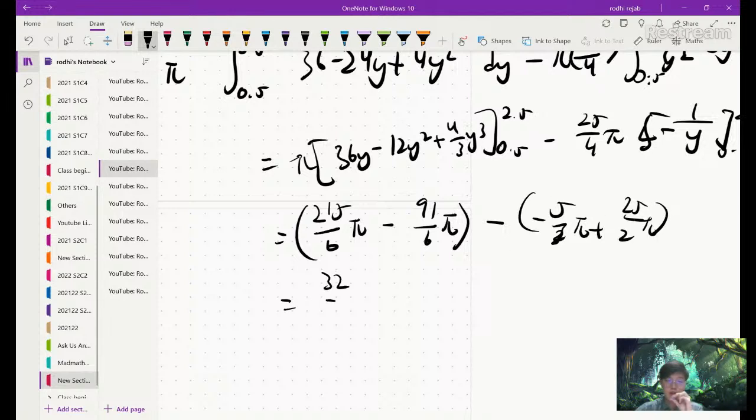And then this is our final answer, over 3 unit cube. Okay.